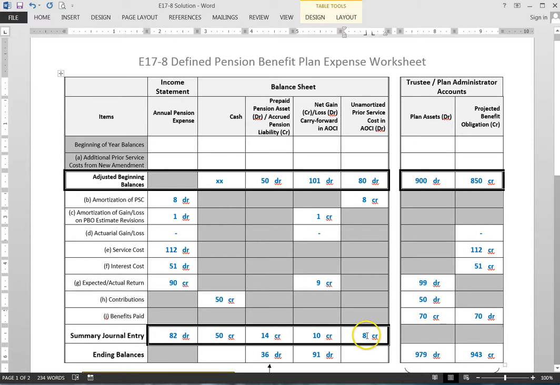I credited the account for $8,000, and so that leaves me with a $72,000 debit balance in that account. So I can complete those AOCI balances as well, but the two most important ones are the balance in the prepaid pension asset or accrued pension liability account, and what my pension expense is for the year.